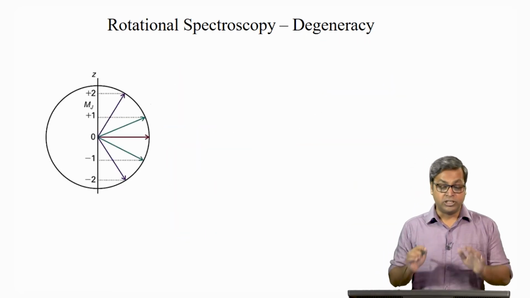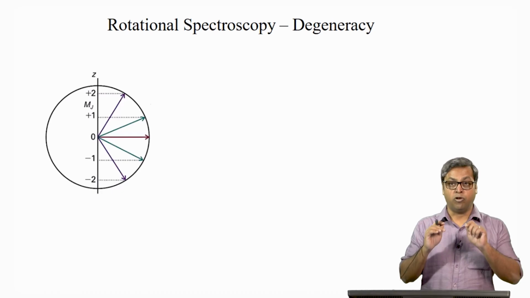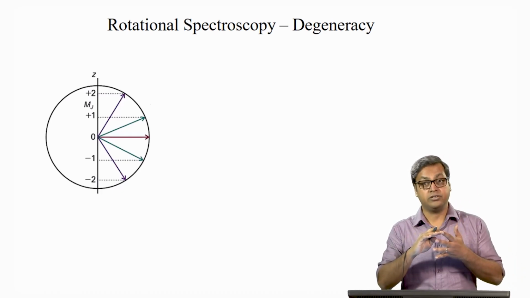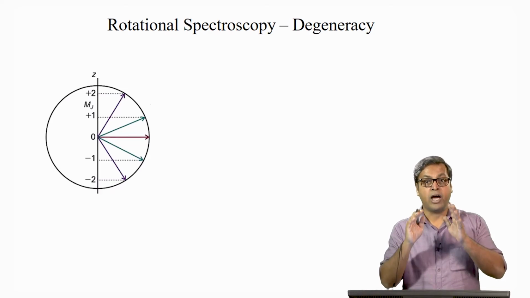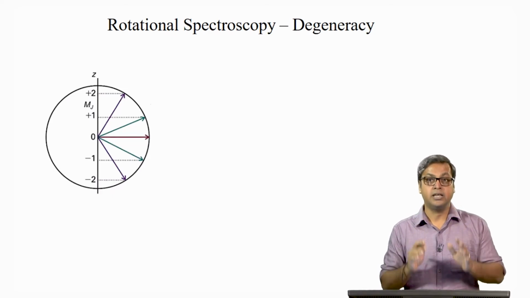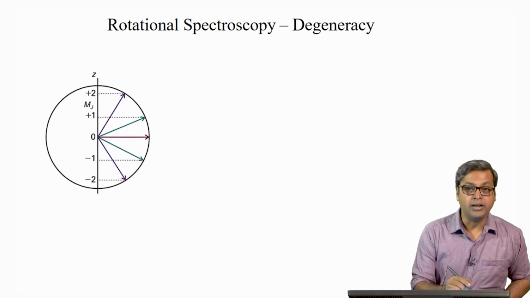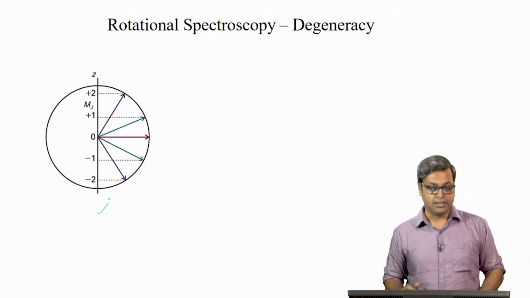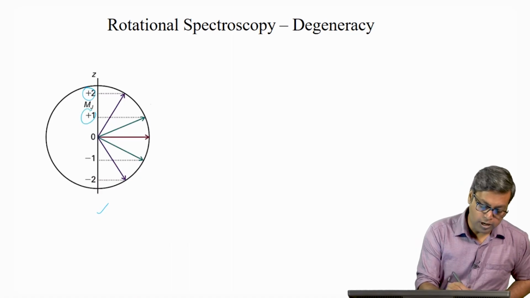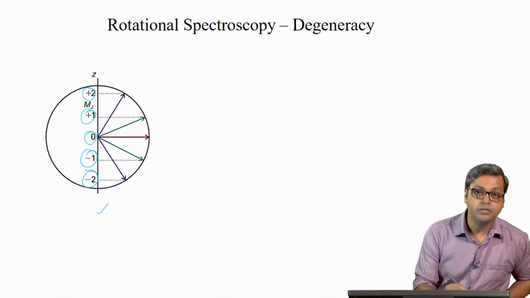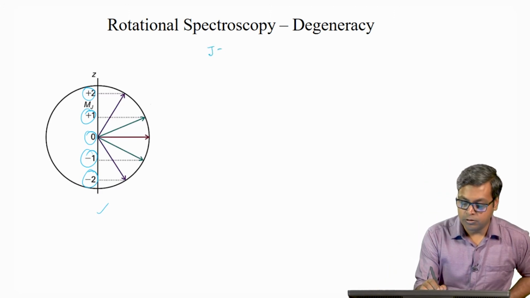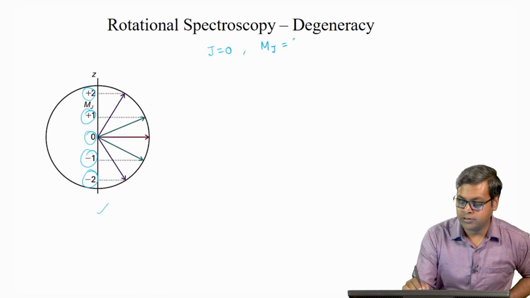So, for j equals 2, because the molecule can be in 5 quantum states, it means we have 5 energy states, and all these 5 energy states have the same energy, that is they are all degenerate. So, if we take j equals 0, the only possible value of m_j is 0.